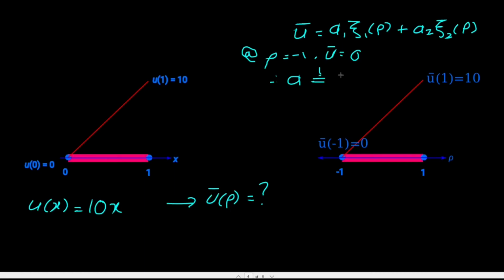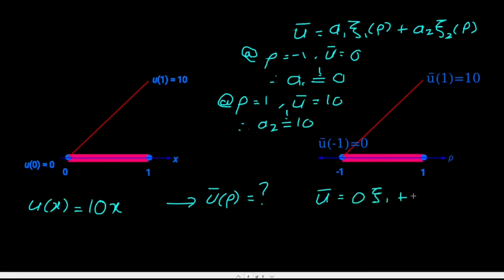Now doing the other end at ρ equals 1, just plug in the numbers and the values there, you must get a2 to be 10. So we have this simply as u bar equals 0 times psi1 plus 10 psi2.